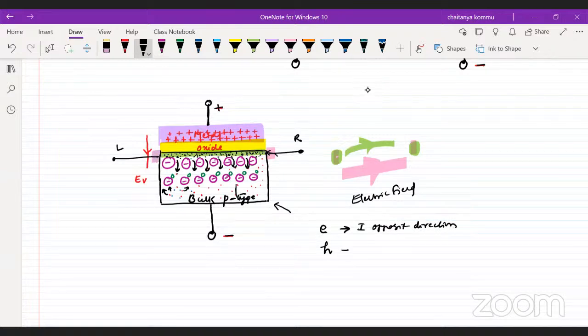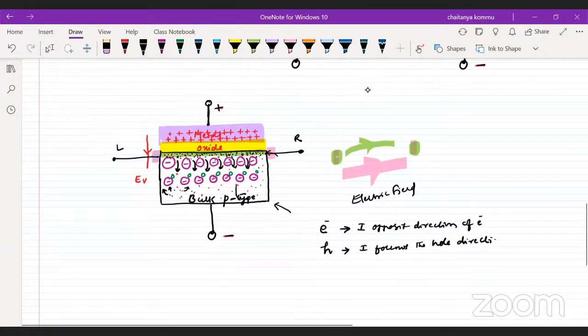If it is a hole, the current follows the hole direction, the opposite direction of electron. This is the usual notation. Agreed? Fine.